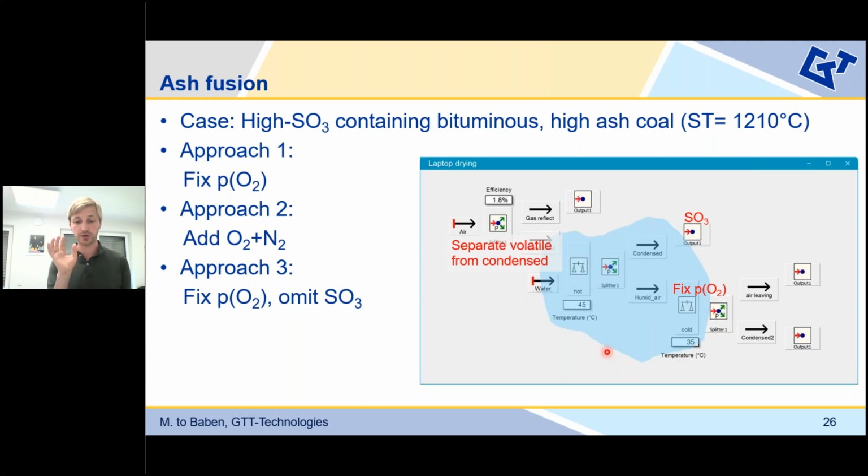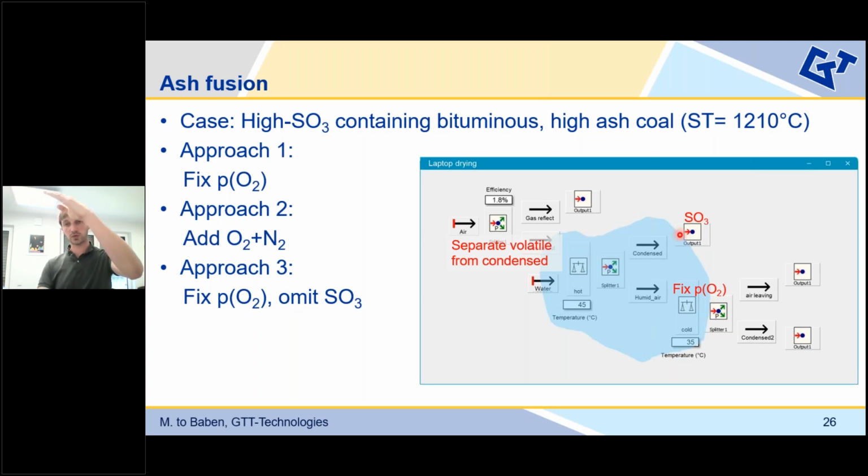If we go back to our laptop drying flow sheet, then the blue part is the part that we need to consider in this case. So we need to separate the volatile from the condensed species. We could do a first equilibrium calculation at some temperature, and from that we would take the volatile fraction, which would be basically the SO3, because all the rest from the ash analysis will stay in the condensed phases.